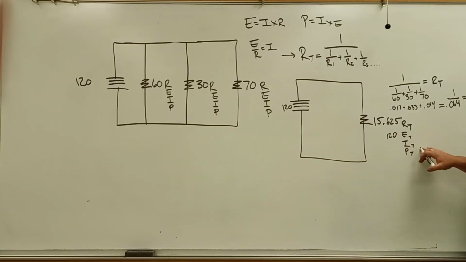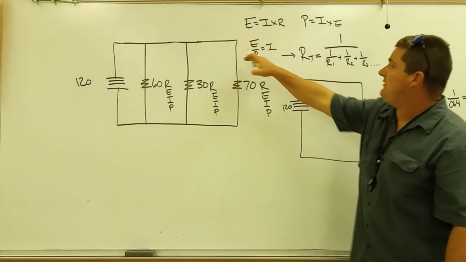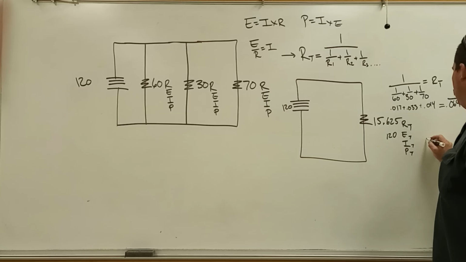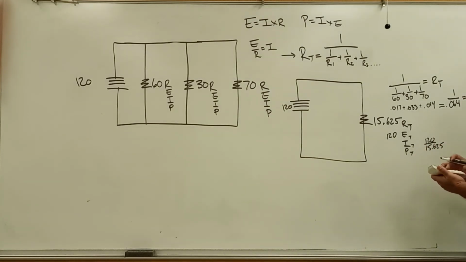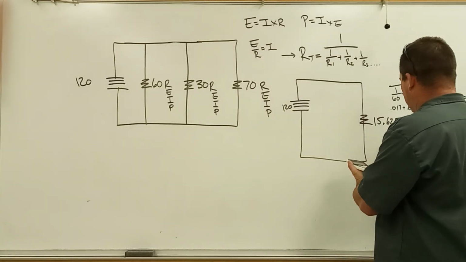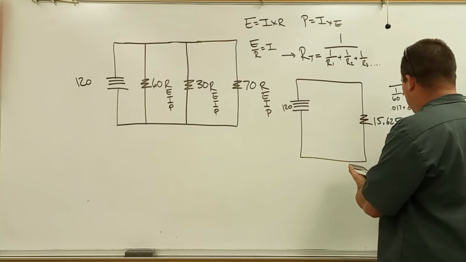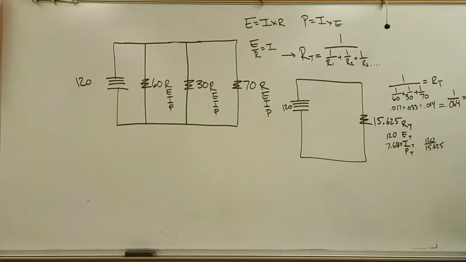To find the I, E divided by R equals I, so 120 divided by 15.625 and we end up with 7.68. I'm going to add the 0 because I like to keep my space saver in there. That way you see everything to the 1,000.